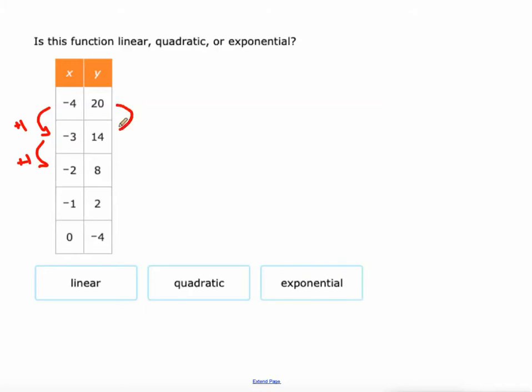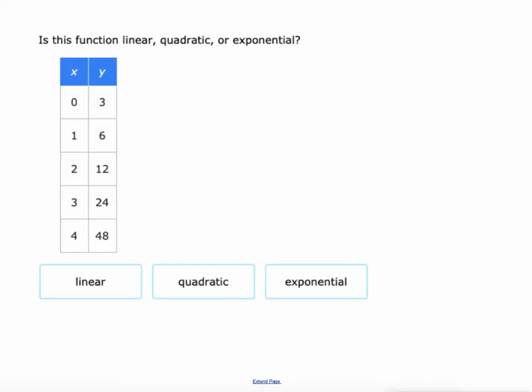To be linear, we have to see a constant difference in the y values. So that's a difference of negative 6. And when I do 8 minus 14, I also get a difference of negative 6. That is definitely linear. All right, increases of 1 here.